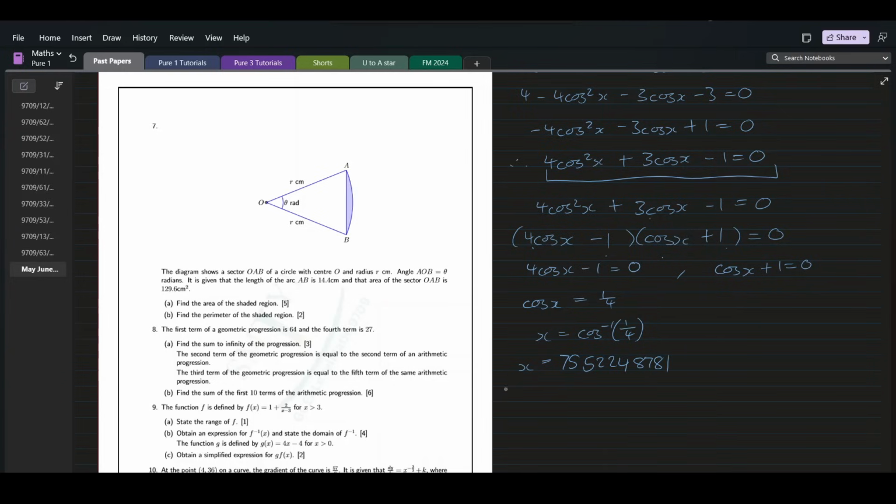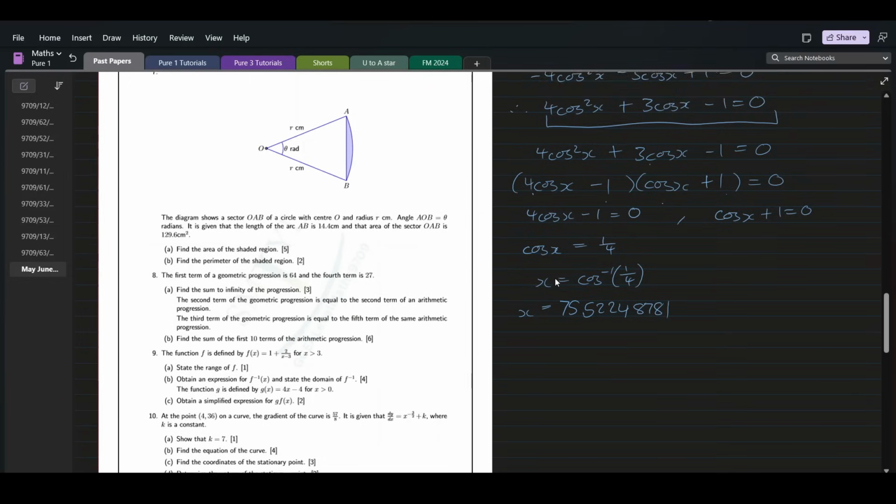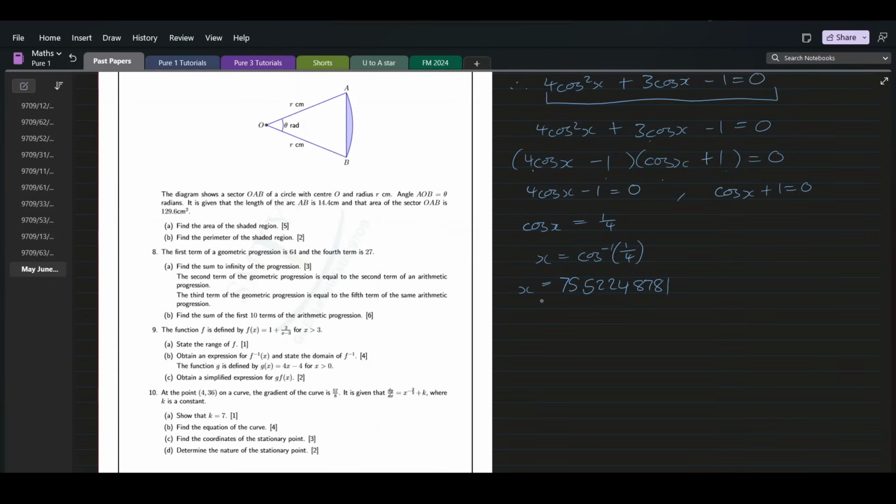And then we're going to use the formula for cos, which is plus or minus PV plus 360n, to check if there are any other solutions within our given interval of 0 to 360.